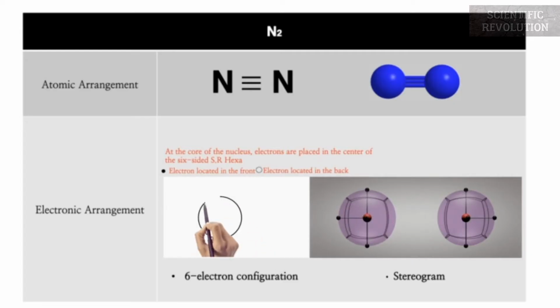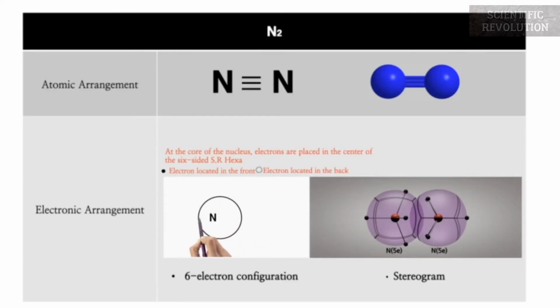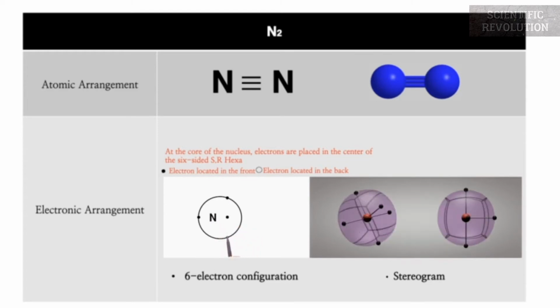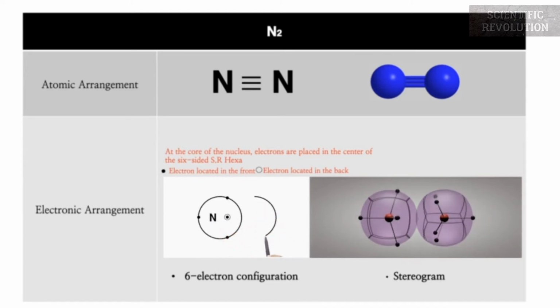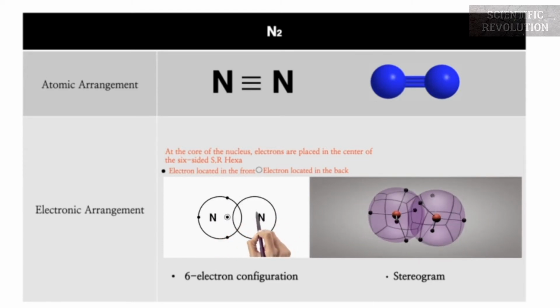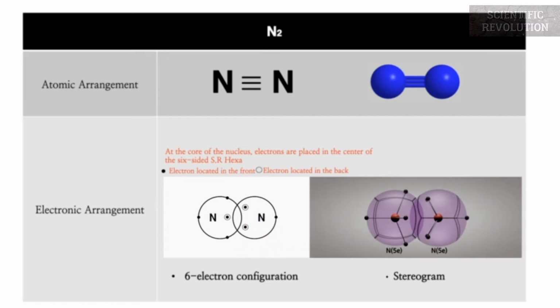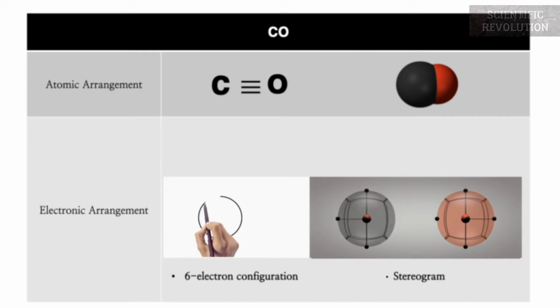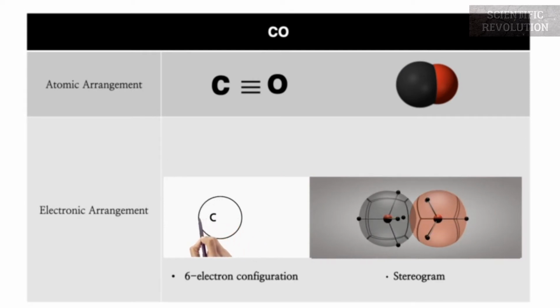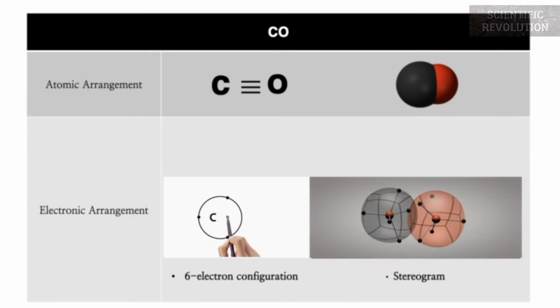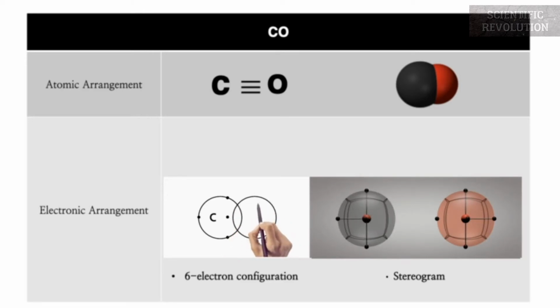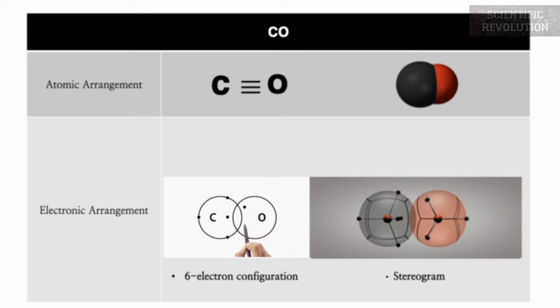N2: N 1, 2, 3, 4, 5. CO: C 1, 2, 3, 4. O 1, 2, 3, 4, 5, 6.